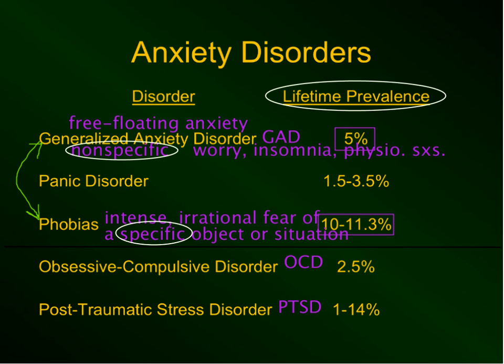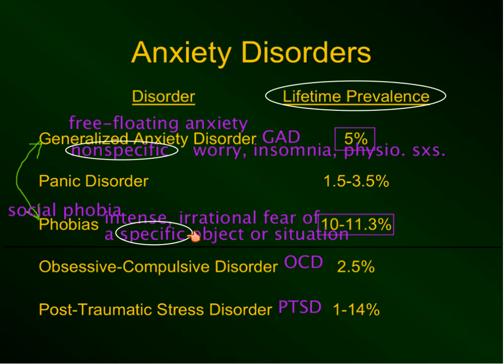You can have, for example, under phobias here, a social phobia where you're worried about social situations where you might embarrass or humiliate yourself in front of other people. So you might not want to have to do any kind of public speaking if you have a social phobia. Okay? Again, an intense irrational fear.